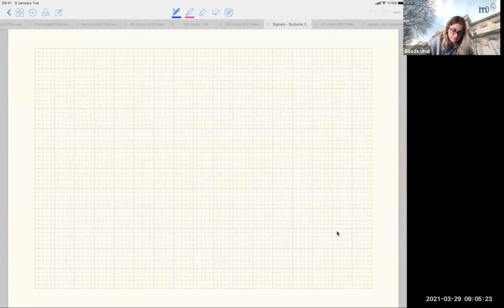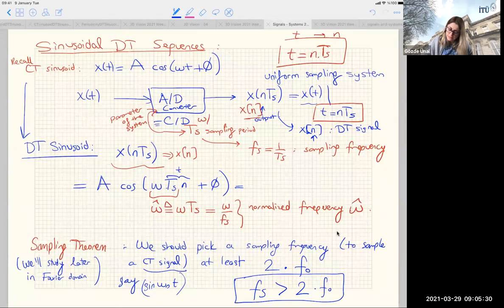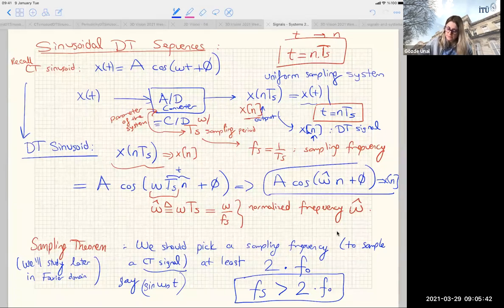We said now I have sampled my signal. Let me write it for your notes. I end up with this sampled signal. You see, this is the sampled sinusoid, discrete time.